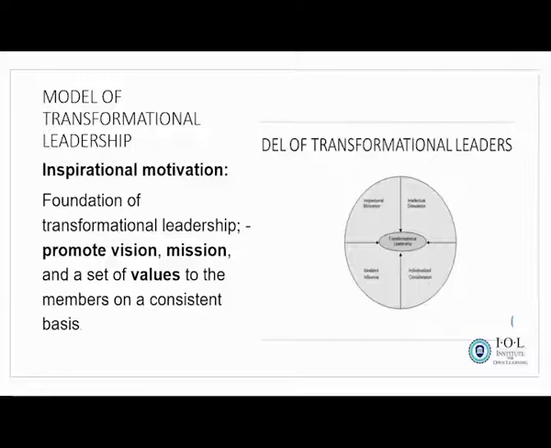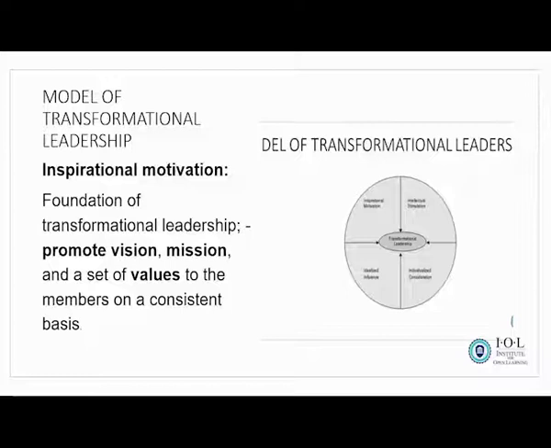For example, inspirational motivation. We are going to get into details with that. Individual stimulation, we will explain what it means. Motivation or individual consideration. Those four aspects are actually very important characteristics of a transformational leader.